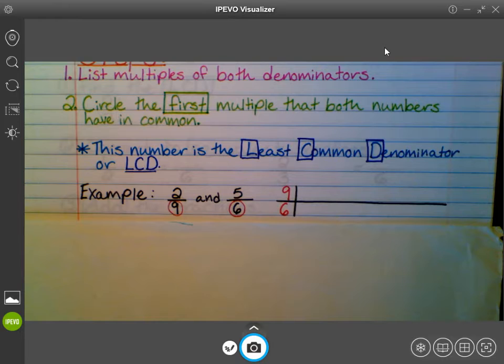A few people have finished their list, and now they're looking for that smallest number they have in common, that least common denominator, LCD.